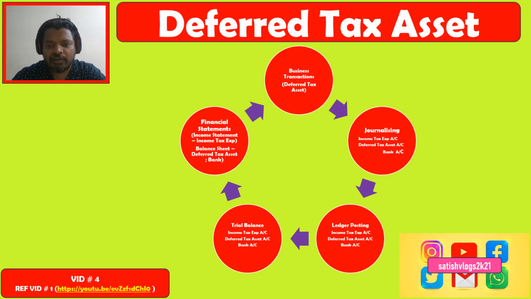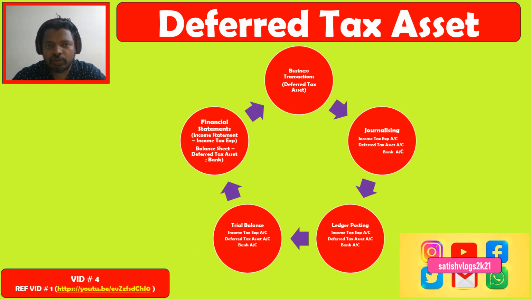Income tax expense account, deferred tax asset account, and the bank account. So for all these three accounts, ledger accounts are required to be created in the third phase, and the entries which were posted as part of journalizing are required to be posted in the respective ledger accounts. Okay, hope this is clear.